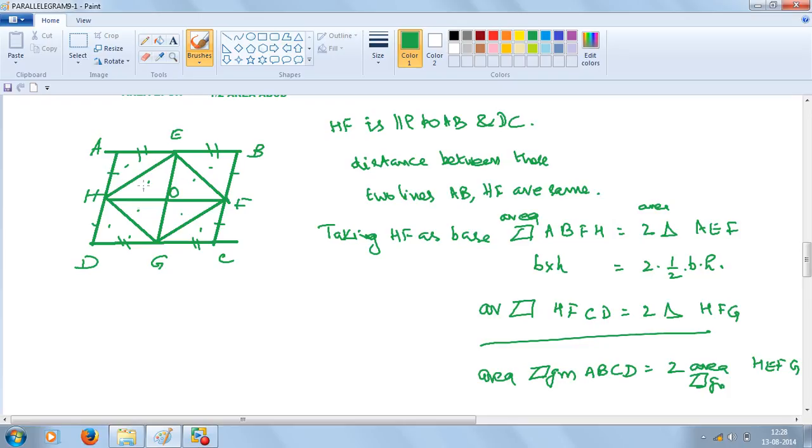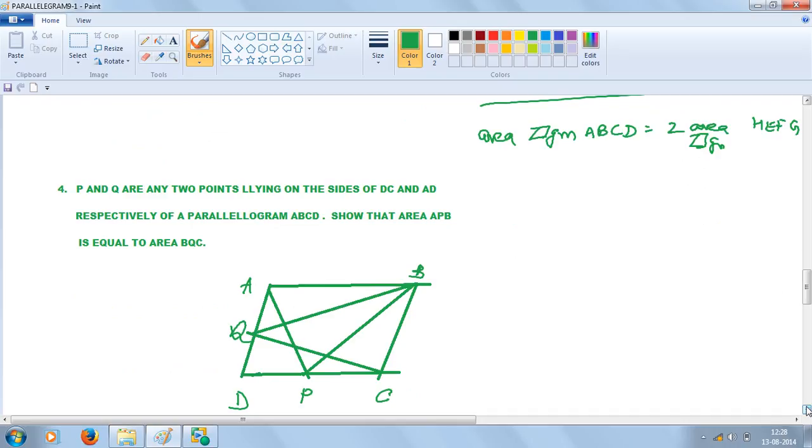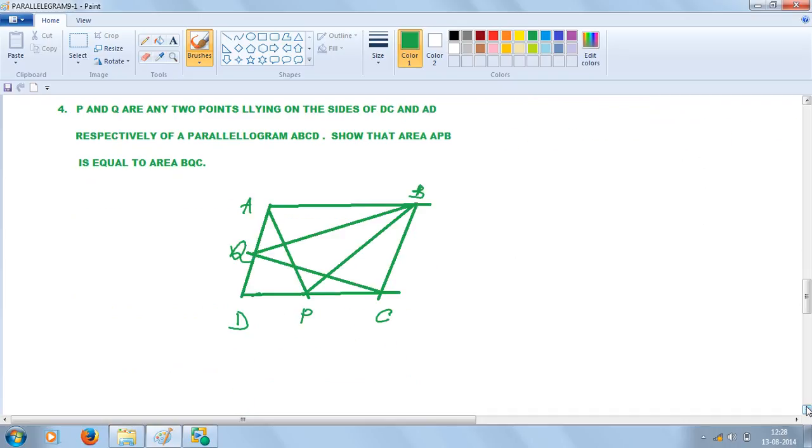If you add all these 4, and these 4 are equal, that way also you can prove it. So let's go to the next problem. ABCD is a parallelogram and P and Q are any 2 points lying on the sides of DC and AD.